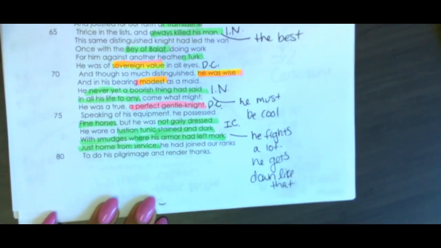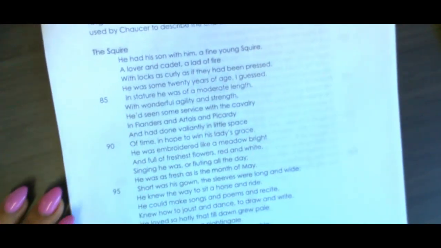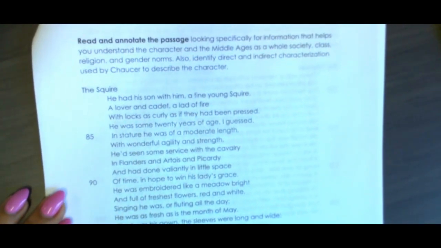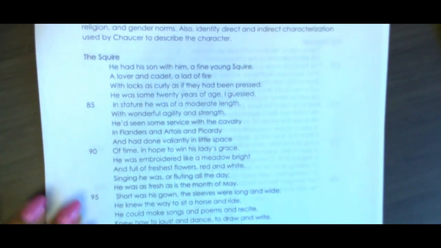Okay. Easy, easy. So now we're going to flip over to the next homie, the Squire. Same thing. We're looking for direct and indirect. This one is a little bit shorter, so I'm going to read this one. And then you guys, by yourself, with somebody you're sitting next to maybe, we'll do the Yeoman.